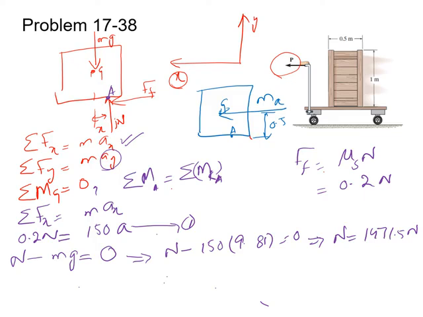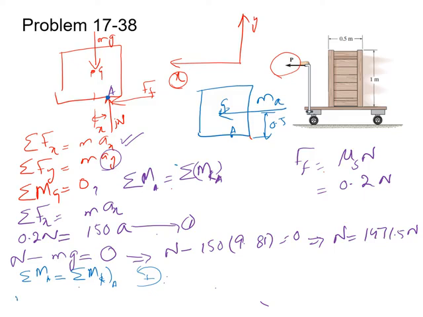So applying the moment about point A, from the free body diagram, the only moment about point A is because of the weight. So the sum of the moments about point A equal to the sum of the kinetic moments about point A. With the condition that the anti-clockwise direction moment taken is positive, the weight moment is acting in the anti-clockwise direction.